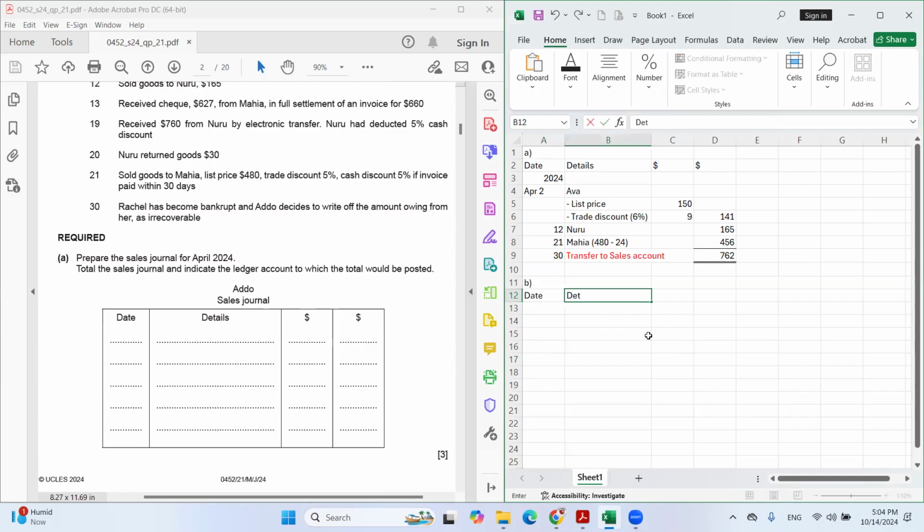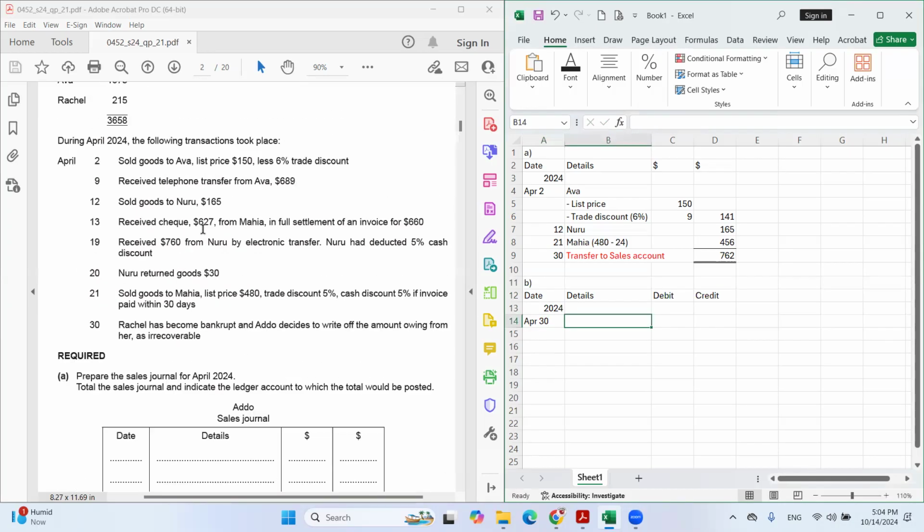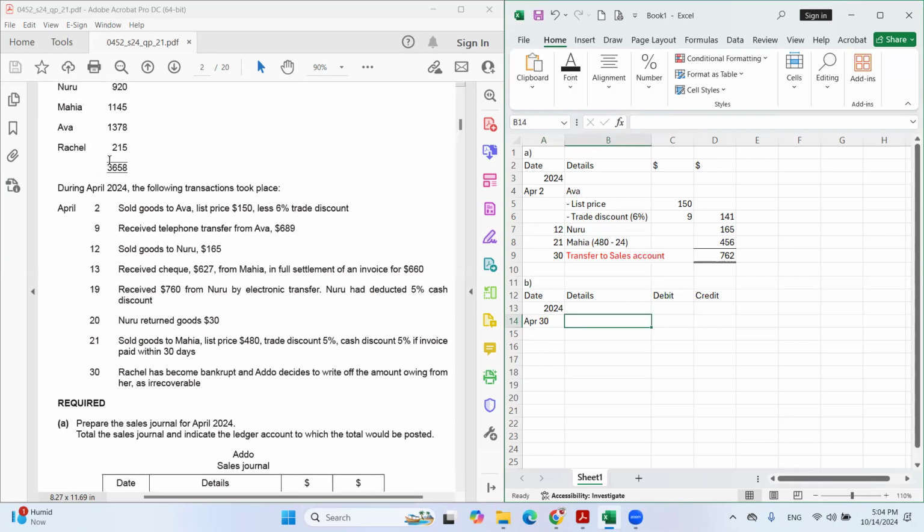Date, detail, debit, because this is a journal, so it's the debit and credit concept. The date is 30th, so we put 2024, April 30th. How much is Rachel owing? 215. So this amount, 215, you have to write off as an irrecoverable debt.